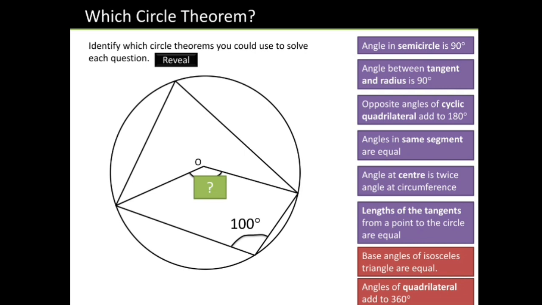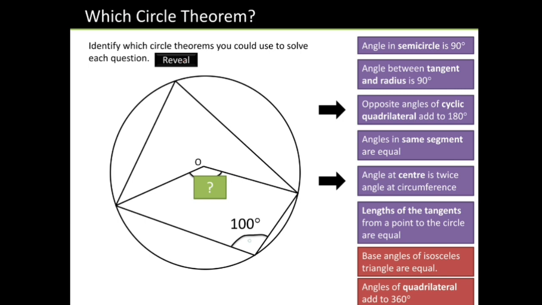Identify which circle theorems you could use to solve each question. So let's have a look at this question. We need to find the central angle here. So what do you think, which theorems are we going to use? We're going to use opposite angles of cyclic quadrilateral add to 180 degrees.